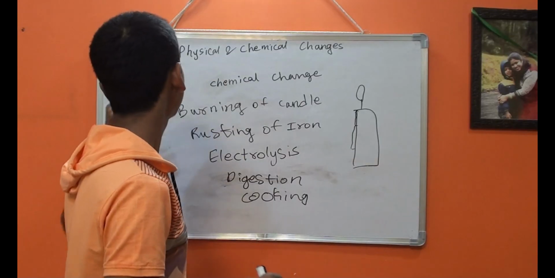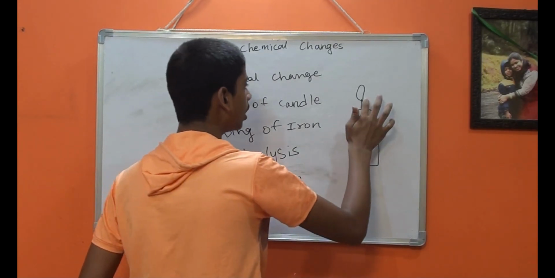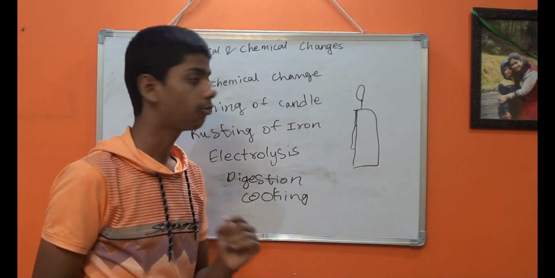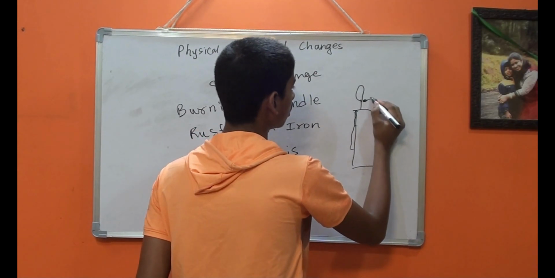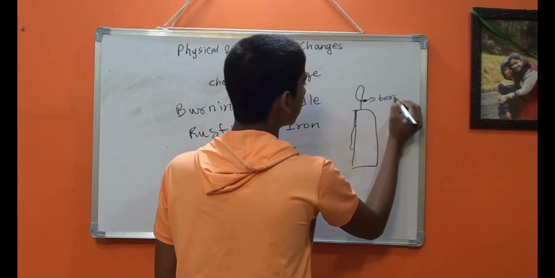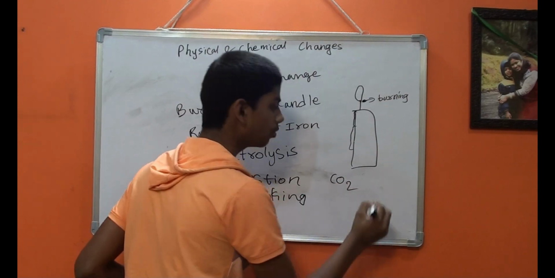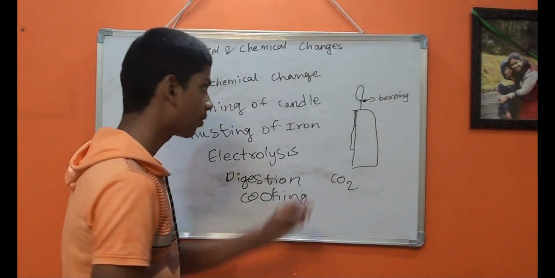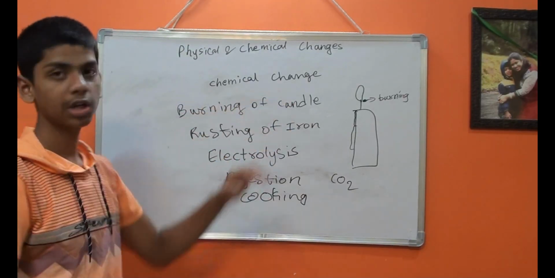Then why is it a chemical change? Because when the tip is burning, carbon dioxide, CO2 is released into the air. A new substance is being produced. That's why it is a chemical change.